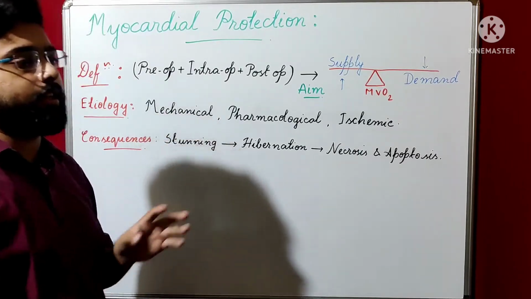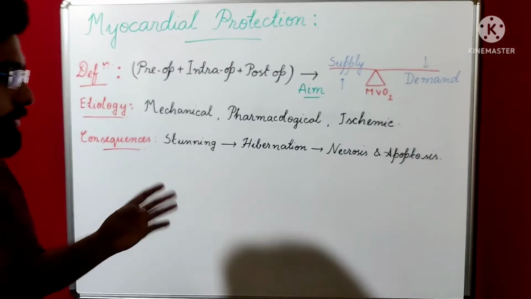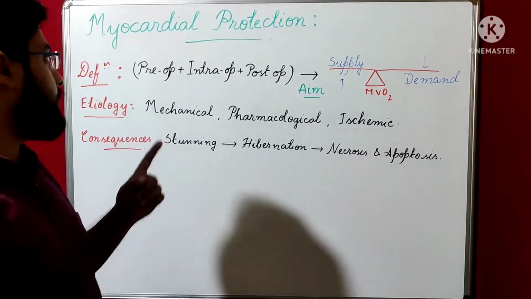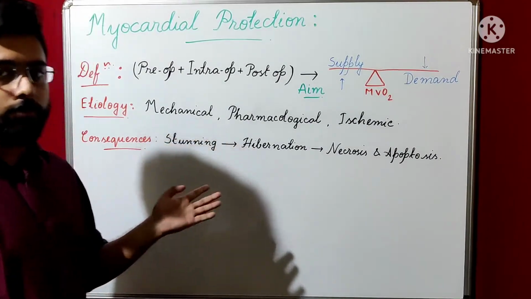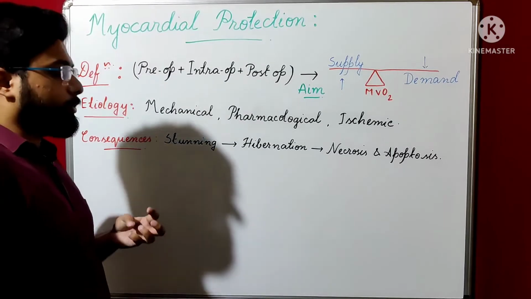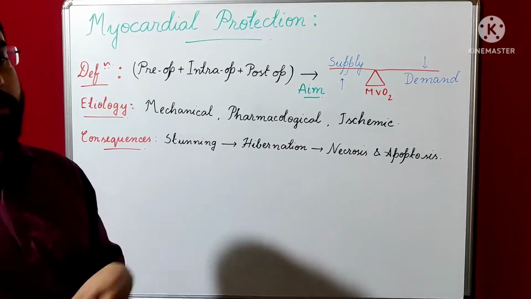Regarding a surgery, the time can be divided into three phases: preoperative, that is before the surgery; intraoperative, that is during the surgery; and postoperative, that is after the surgery, the postoperative care.